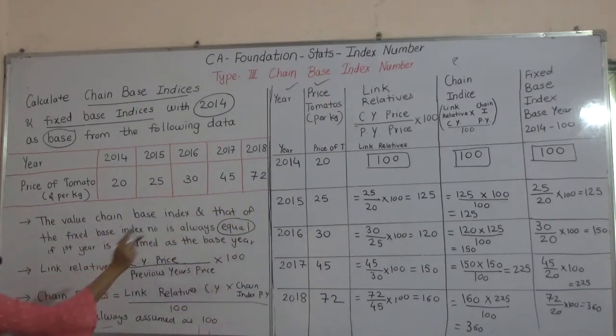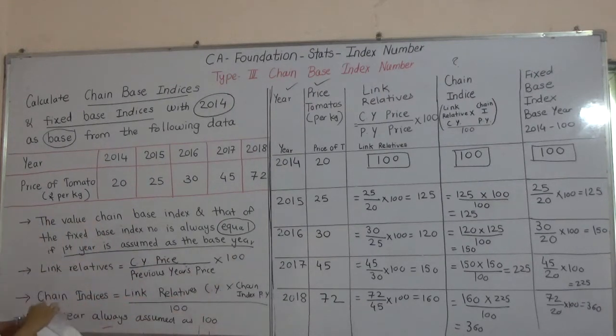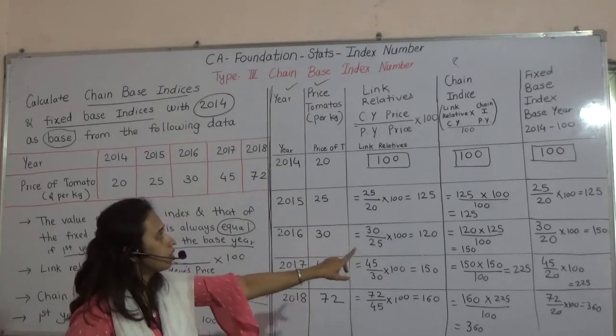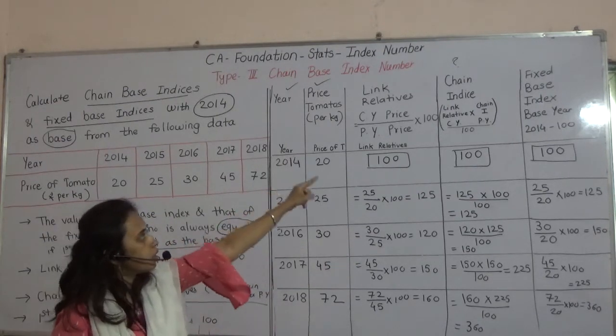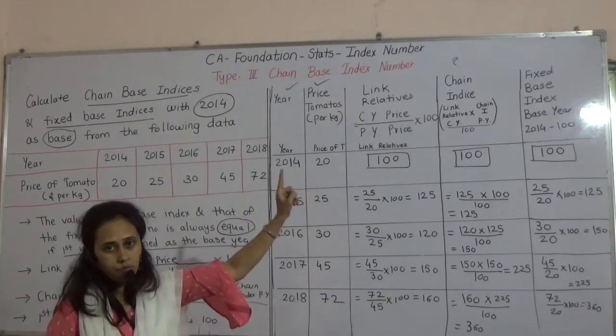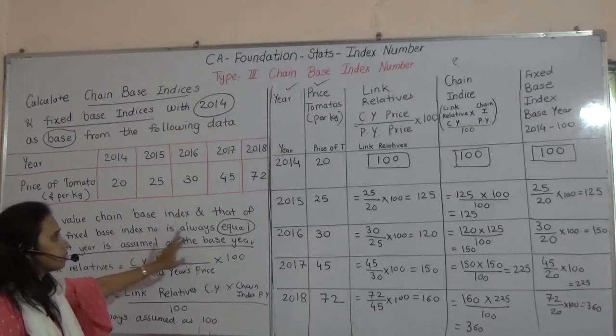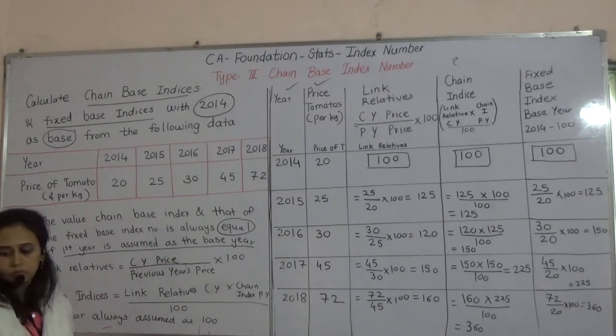That's why it's coming the same. It is always equal if the first year is assumed as the base year. Why are both figures matching? Because in chain indices and in fixed base indices I have assumed the first year as my base year.